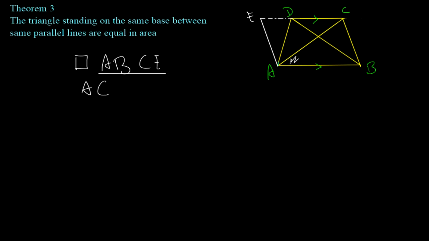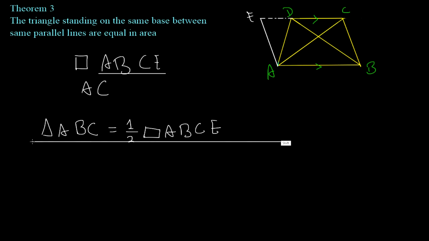The triangle ACB is half of the parallelogram ABCE. Why? Because the diagonal bisects the parallelogram. So let me write it over here. The triangle ABC is equal to half of parallelogram ABCE. This idea we derive from theorem 1.